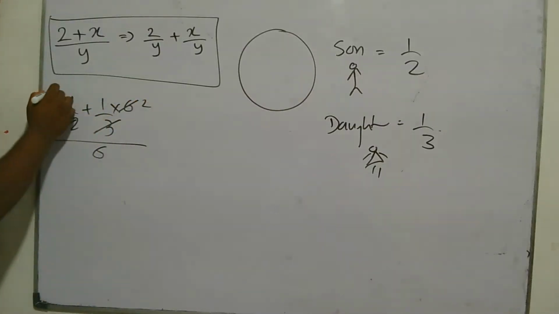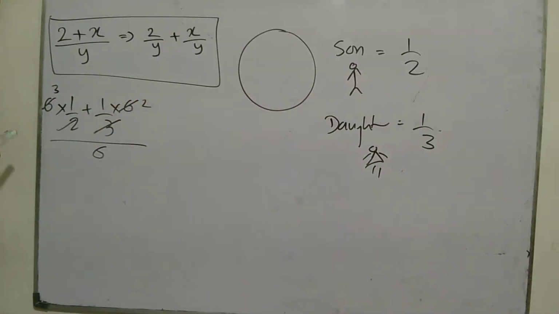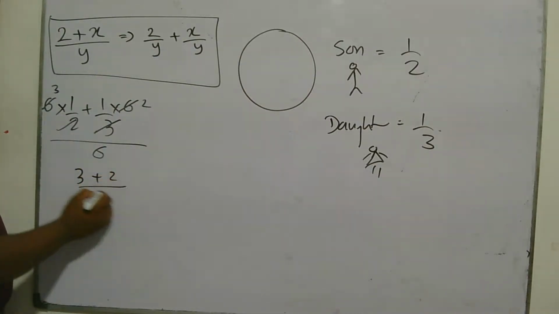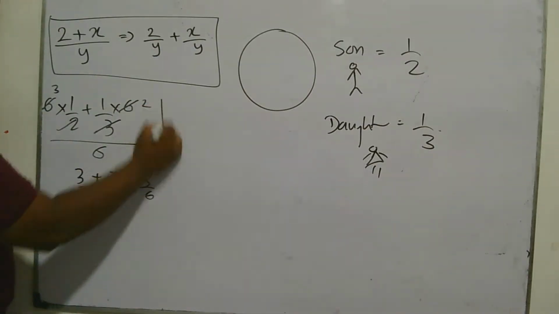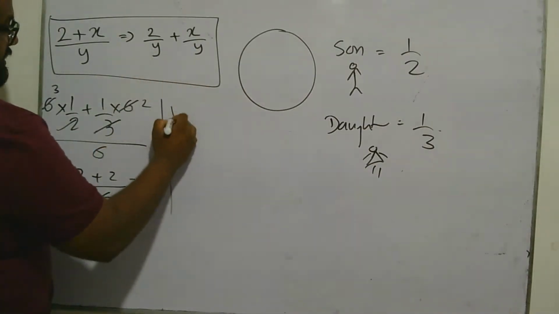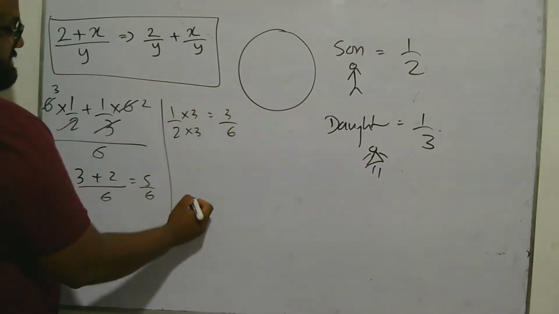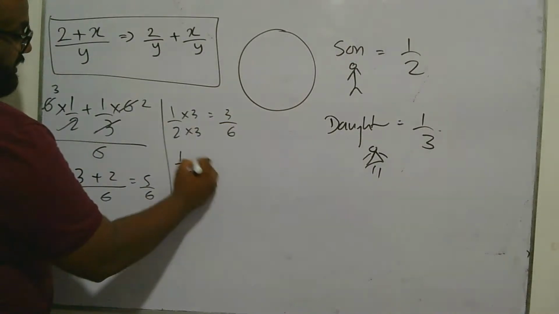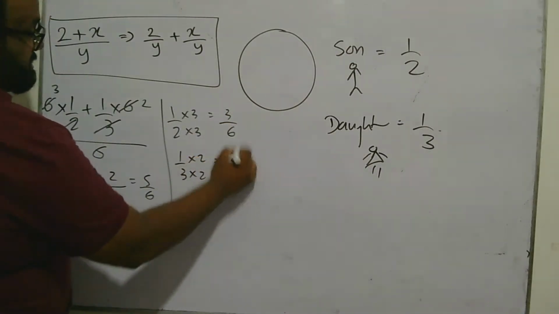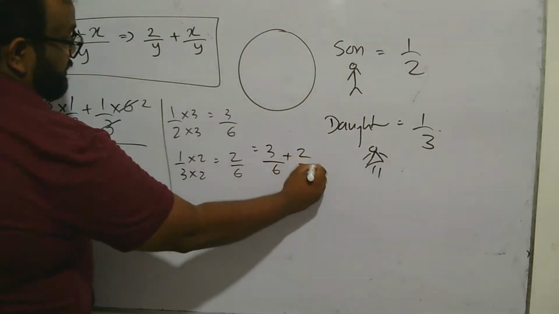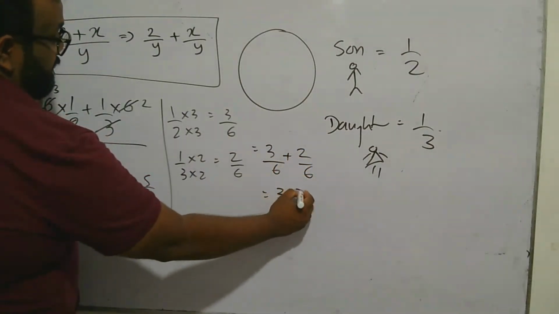In my other videos, you'll be able to see these fractions. 3 plus 2 upon 6, which is 5 upon 6. Let me simplify it further. 1 upon 2 is 3 upon 6. 1 upon 3 is 2 upon 6. Since the denominators are the same, now I can add the numerators.